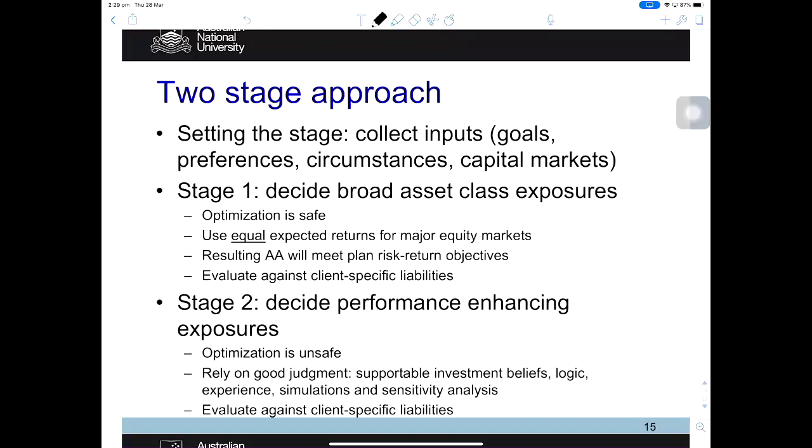And then finally, you do the asset allocation decision so that there's a higher chance the investors' objectives can be achieved. So this two-stage approach is a hybrid of the standard mean variance optimization analysis and qualitative, quantitative analysis, very much based on the analyst's own judgment.